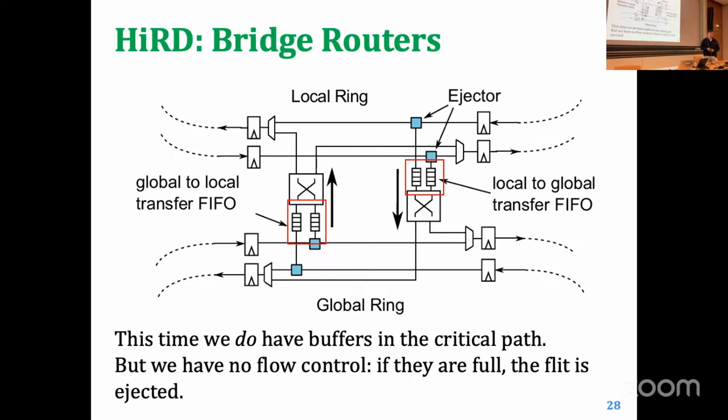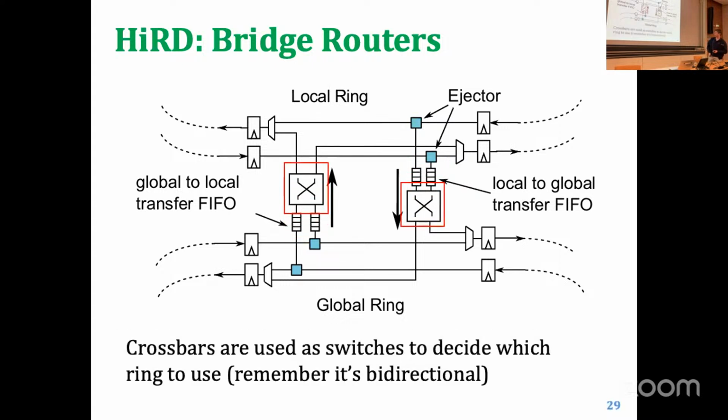And when it finds place in the buffers, it will finally be delivered. Then we have crossbars, which, as I said before, are just switches. They are used because since the rings are bidirectional, now we have to decide in which direction of the rings we prefer to send the data.